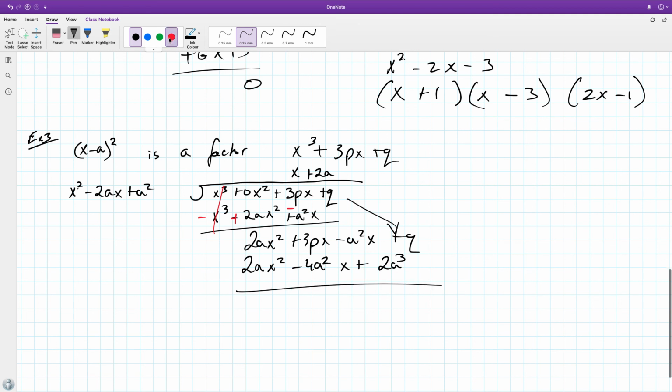Change the signs of your bottom line. That becomes a minus, that becomes a plus, and that becomes a minus. Is that okay?